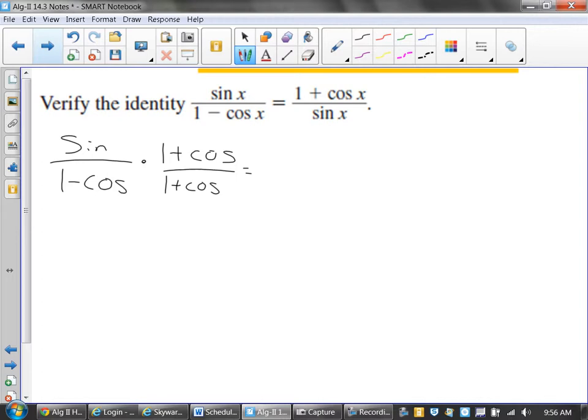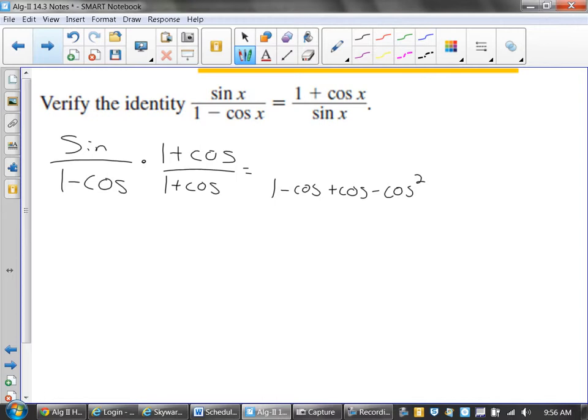In that denominator, you are creating one of the Pythagorean identities. When you FOIL out 1 minus cosine times 1 plus cosine, I'm going to do it the long way: 1 plus cosine minus cosine minus cosine squared.